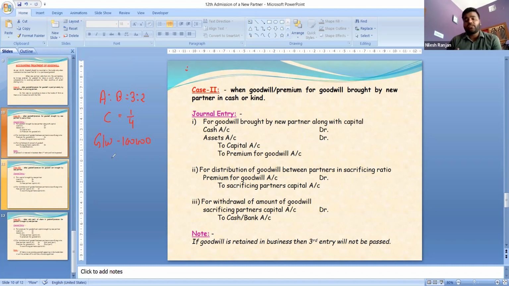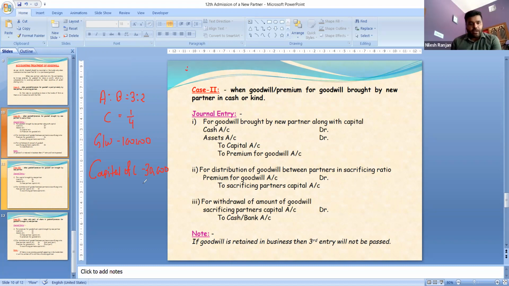C is a new partner who is admitted for 1/4 share, and the goodwill of the firm is 1 lakh. He is bringing his share of goodwill and also capital; the capital of C is 30,000, let's say. Now we have to calculate the goodwill and distribution of goodwill.